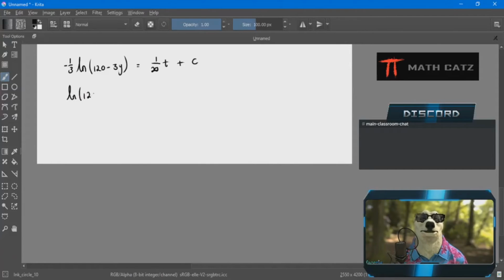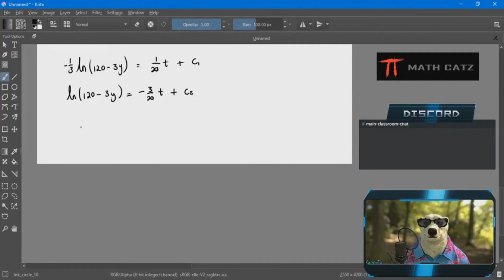Now I will just get that negative 1/3 away by multiplying throughout by negative 3. So I'll get negative 3 over 20t plus, I'm going to number this constant C1 and then just update the constant. I know it's not the same constant, but it's still a constant. And for convenience, we really don't have to worry about what that constant looks like.